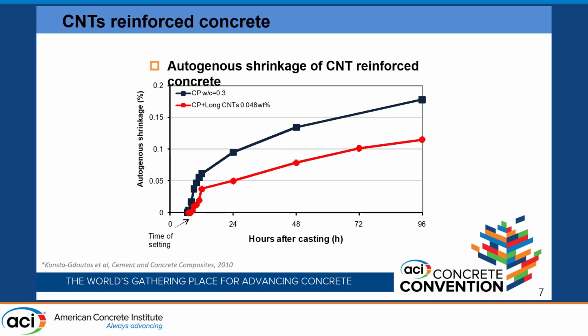So it's really small. Autogenous shrinkage is the shrinkage when there is no drying shrinkage during the early part of curing, and it's substantially reduced. So there are other examples.